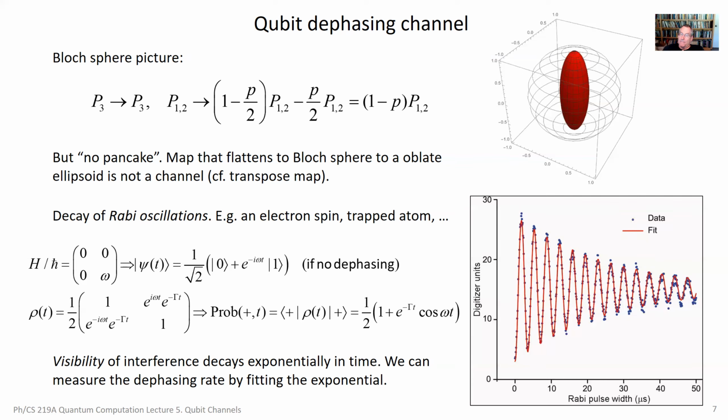So let's say it's an electron which is a superposition of spin up and spin down. The environment might be able to detect the difference between an electron with spin pointing up along the magnetic field axis and the electron with spin pointing down, because there are other spins in the environment, maybe other electrons or nuclear spins, which interact with the electron spins because all the spins have magnetic moments.